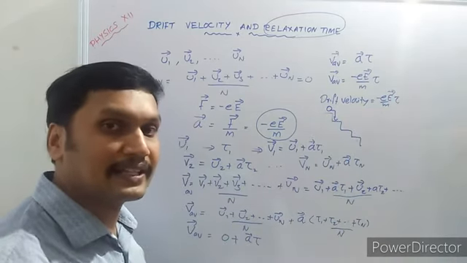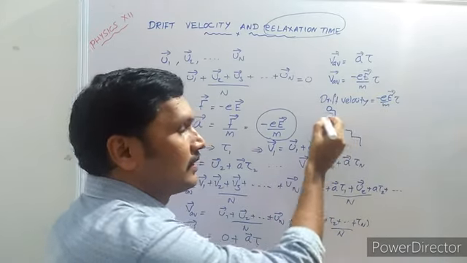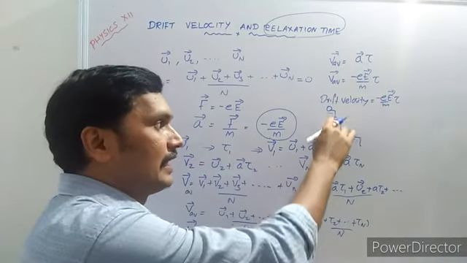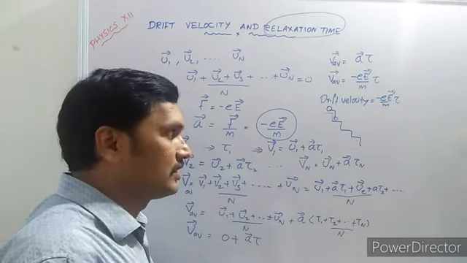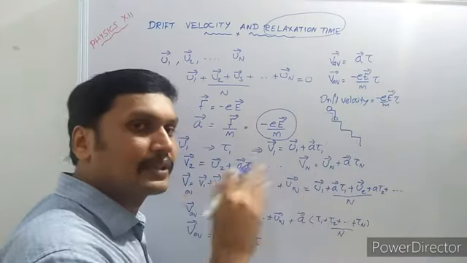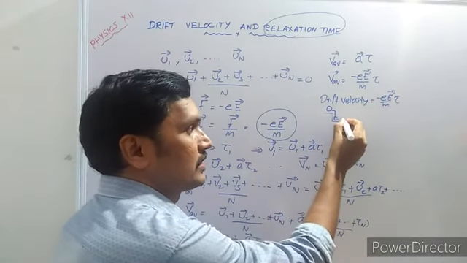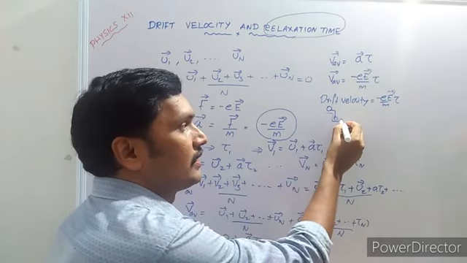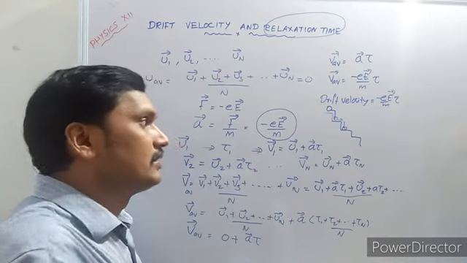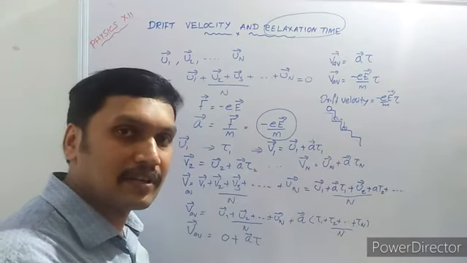But when it collides with the next stair, it loses whatever energy it gained, and again it rolls with a constant velocity, and when it falls to the next stair it is accelerated again. This is the process actually happening in the conductor also.